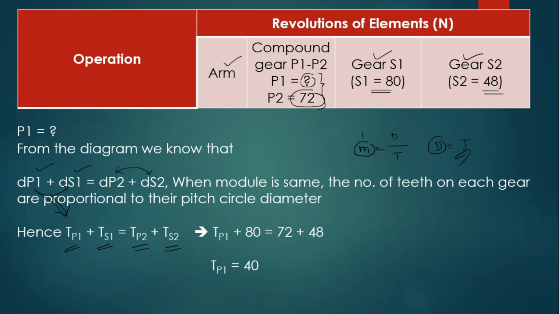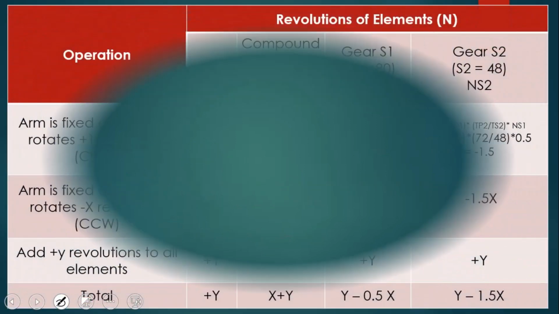Now we know the values of TS1, TP2 and TS2, and TP1 is the unknown value. From this equation we can calculate TP1. So TP1 is equal to 40 teeth. Clear?